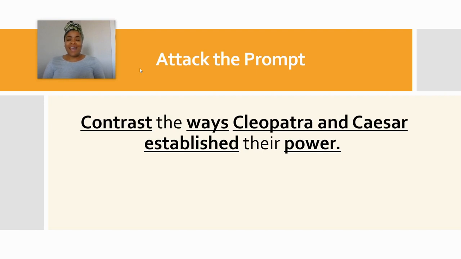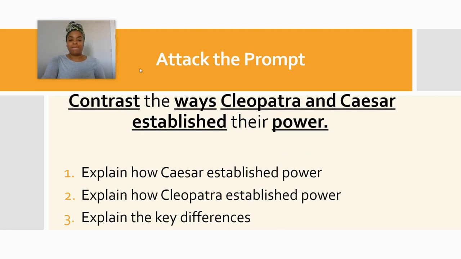So now that we've done that, there are a few steps that we need to take. Let's go ahead and write down the steps that we're going to take to make sure that we're able to successfully answer this prompt. The prompt again is, contrast the ways that Cleopatra and Caesar established their power. The first thing I need to do is explain how Caesar established power. 2, explain how Cleopatra established power.